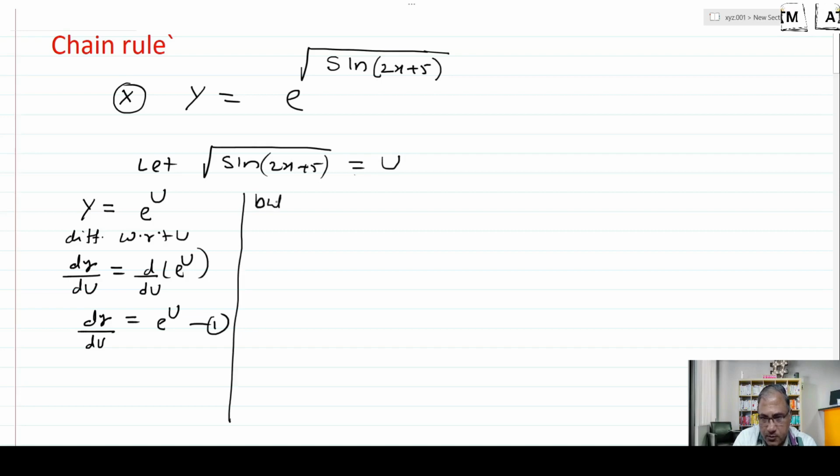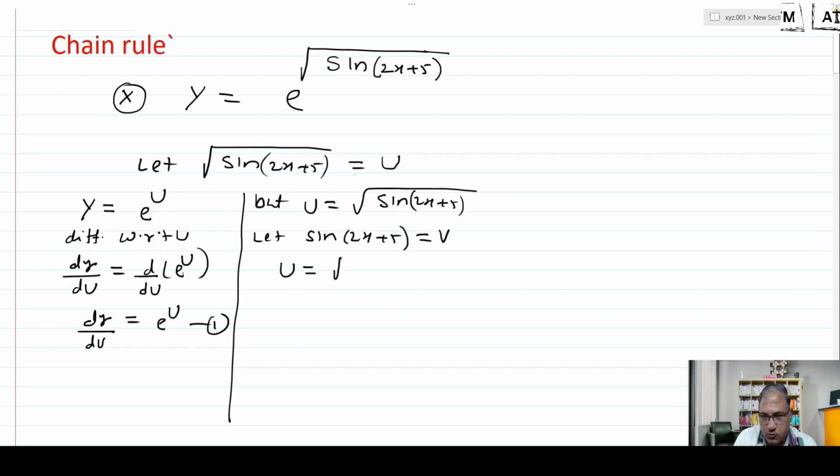But u equals under root of sine 2x plus 5. Let sine 2x plus 5 equal v. Therefore, u equals under root of v. Then differentiating with respect to v both sides.